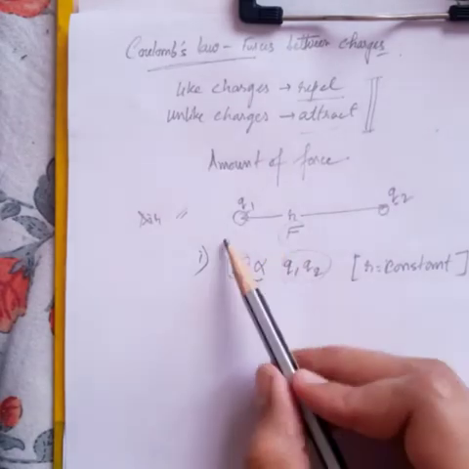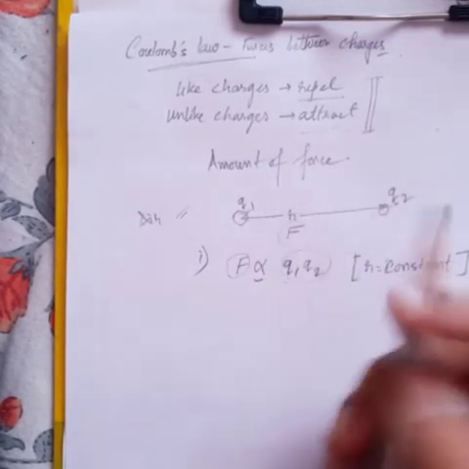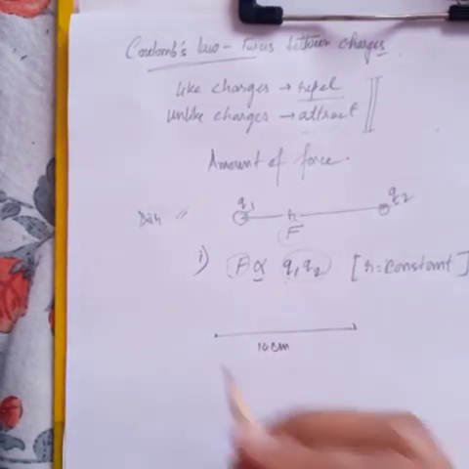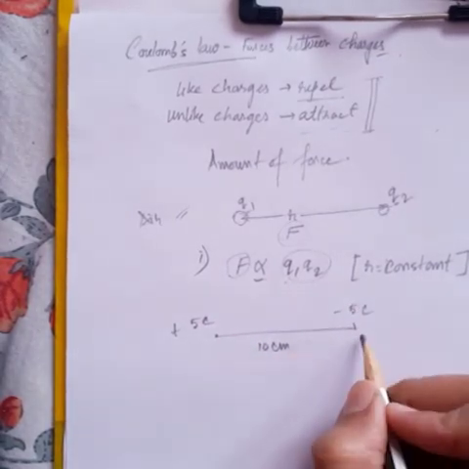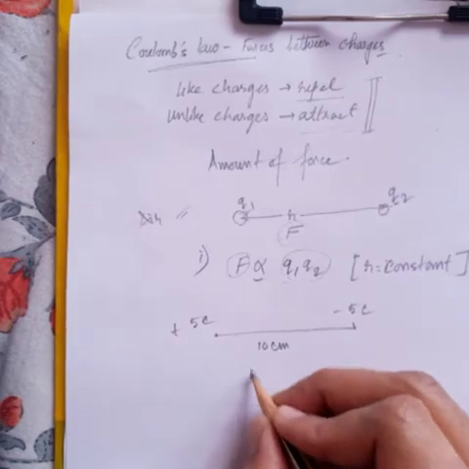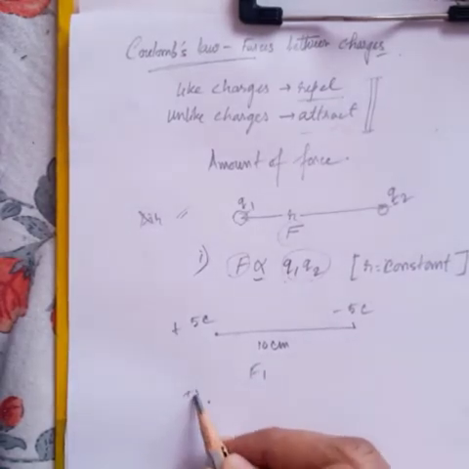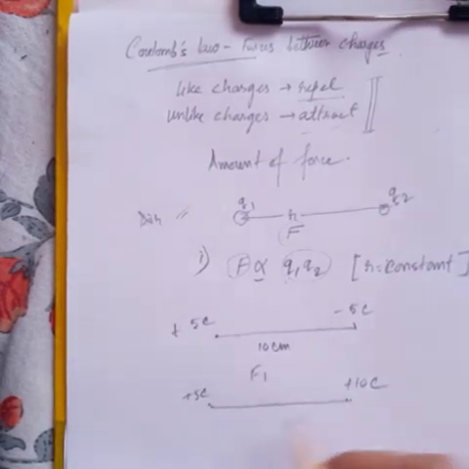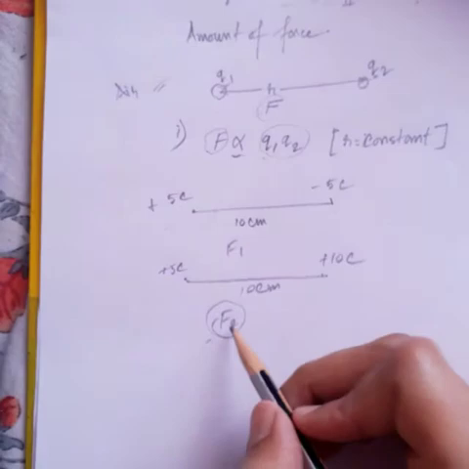It means that you are keeping the separation fixed and taking different sets of charges. For example, if you have two charges, say plus 5 coulomb and minus 5 coulomb, separated by 10 centimeter, the force is F1. If you take two charges like plus 5 coulomb and plus 10 coulomb, and you separate them by the same distance of 10 centimeter, the amount of force they experience will definitely be bigger than F1.